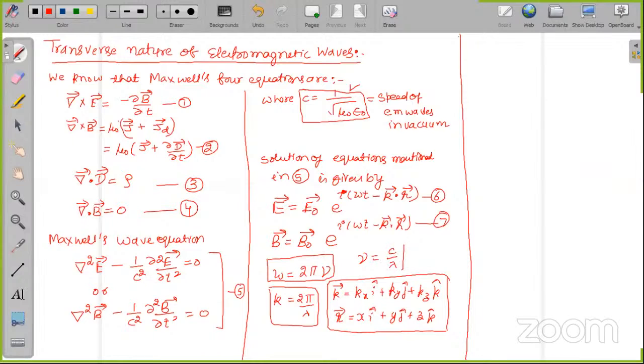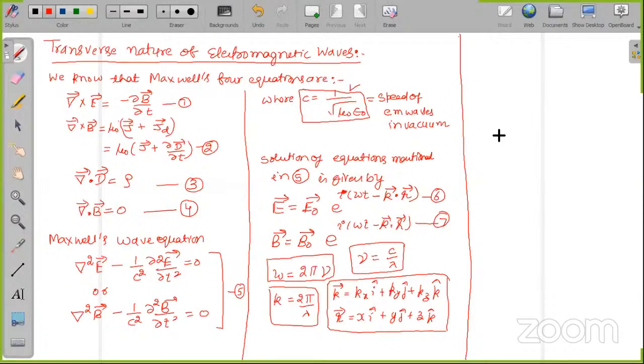The sixth equation is E vector is equal to E0 vector e raised to power iota omega t minus k dot r.